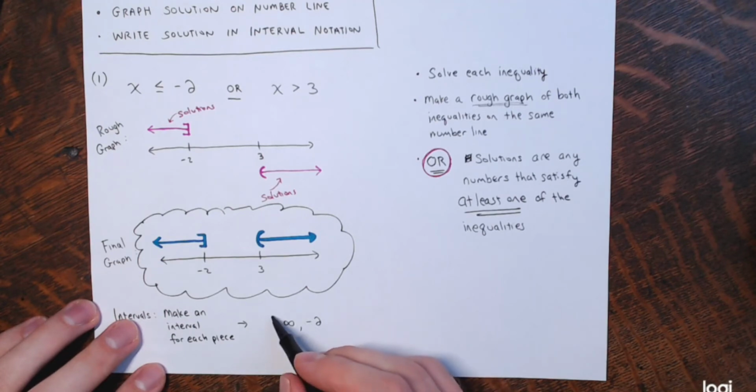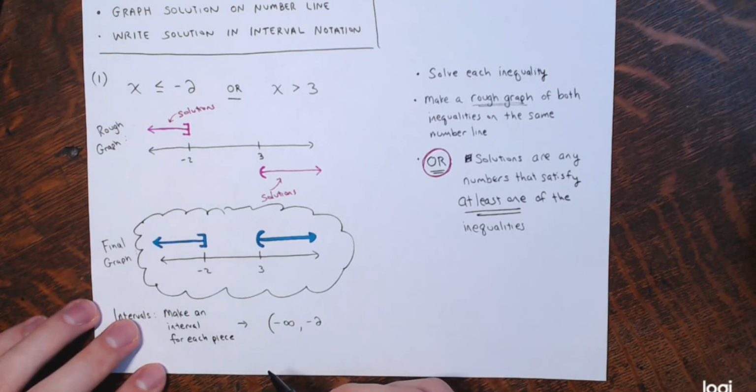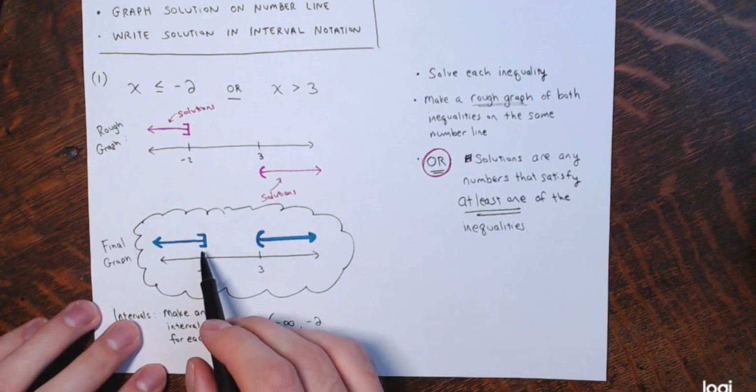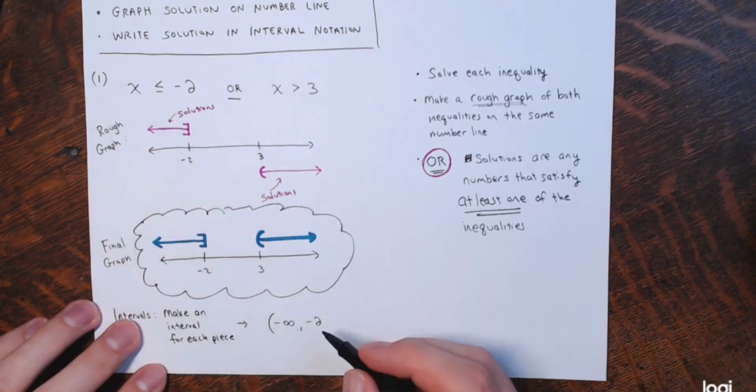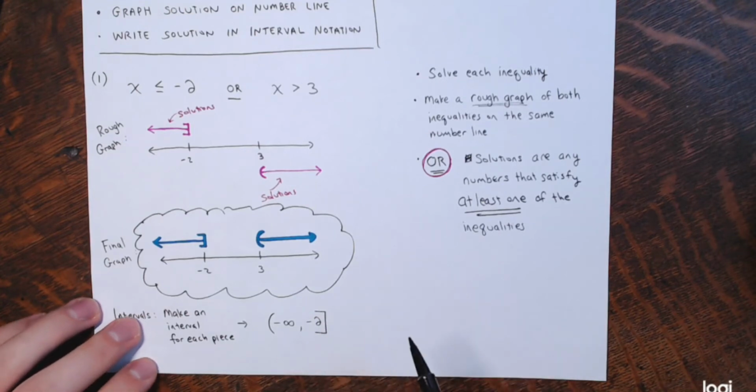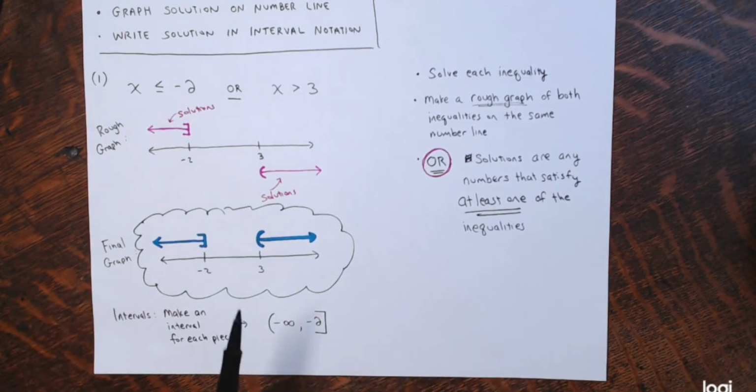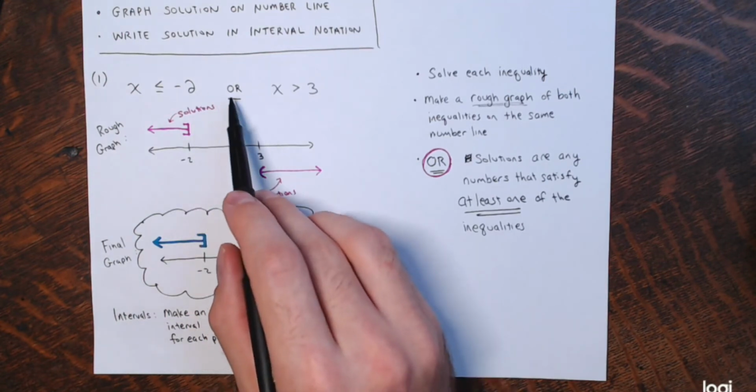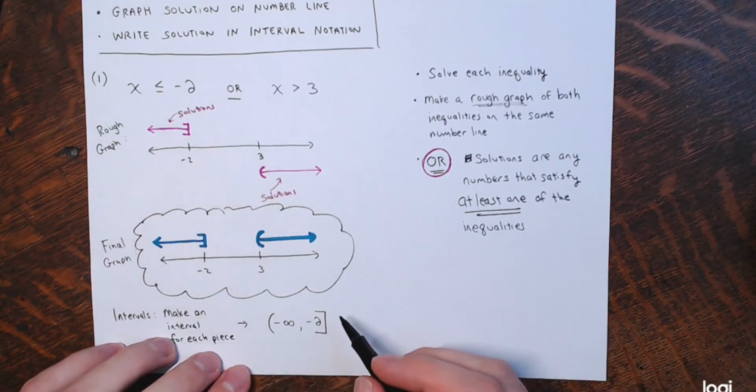Remember, there's always parentheses on the infinities because infinity or negative infinity, those are not numbers, so they can't be solutions. Negative 2, though, is a solution of our compound inequality, so I put a rectangular bracket on that. And then to indicate that there's a separate piece, we're going to put a symbol basically for the word or, a set notation symbol called the union symbol.